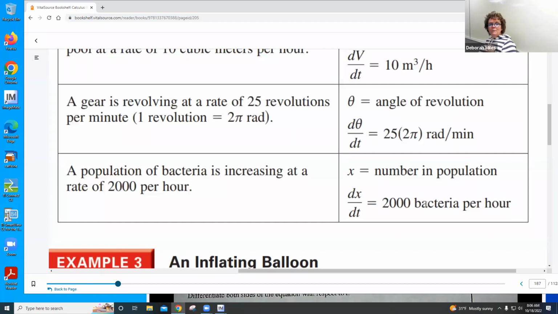And the last one: a population of bacteria is increasing at a rate of 2,000 per hour. If x is the number of bacteria in the population, then dx over dt, the change in population per hour, is 2,000.